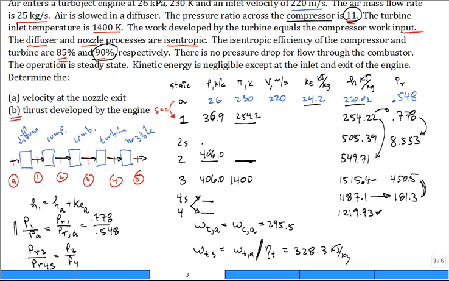So we find that the actual pressure ratio is a whopping 2.48 instead of 11. Think about it: you went from 1 to 11, now you're going to come back down, but you don't need to go all the way down, you just need to come down about 2.48.